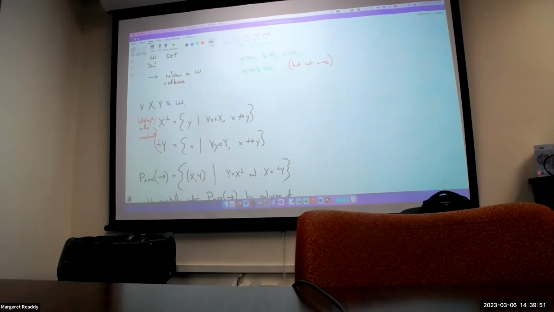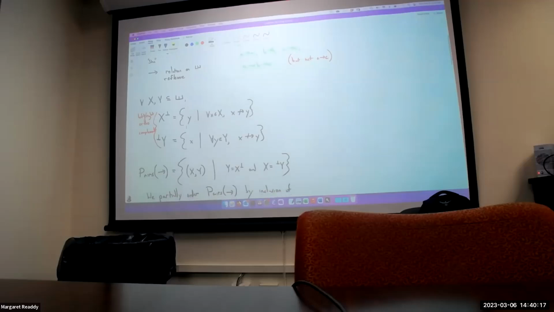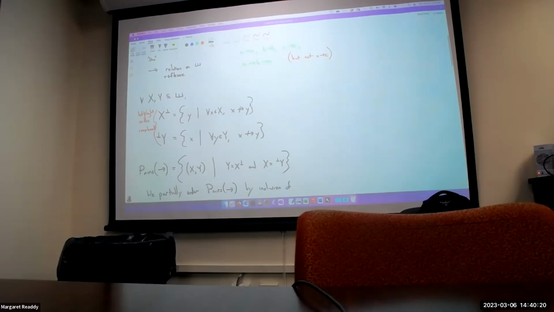To find the right perp of X, I take the objects in Sha for which there are no arrows coming from X into that object. In particular, no element of X can live in X perp, because of the reflexive condition. So X perp is at least a subset of the complement of X, but it may be more restricted than that. That's called the right perpendicular set, and then you also have a left perpendicular.